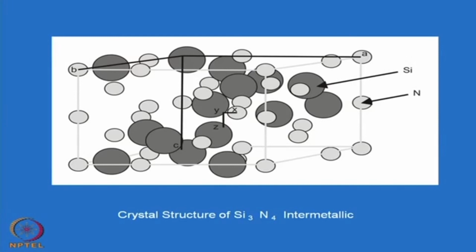Once again, this is also an intermetallic compound, some kind of an intermetallic covalent compound in fact, and it has many different properties. It is a good insulator at high temperature, and it has good fracture toughness.